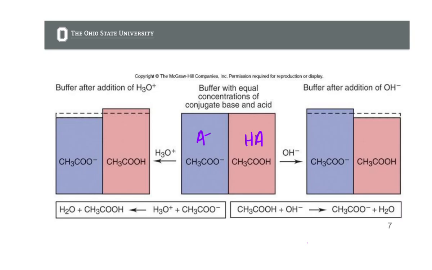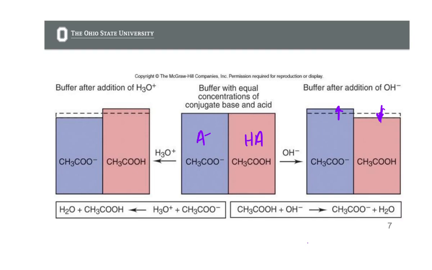We go to the right, we add OH minus. That OH minus is going to react with the HA. Right? We see a decrease in that acid concentration. HA goes down, just a little bit. And we see an increase in the conjugate base concentration.